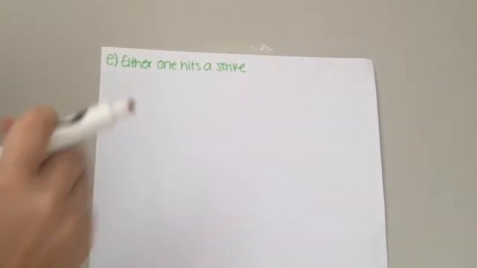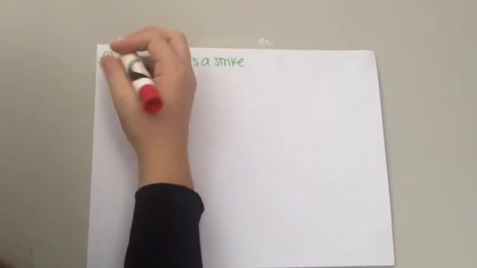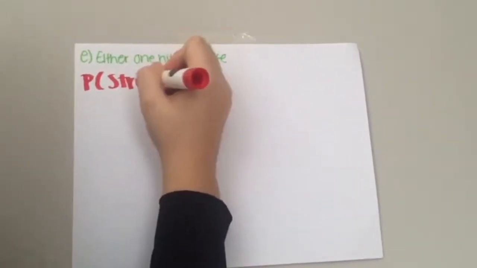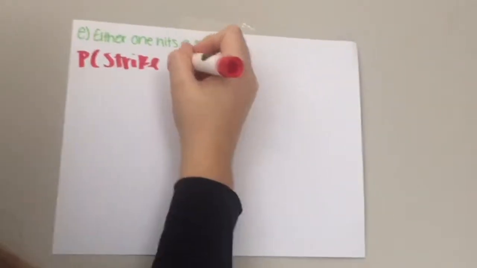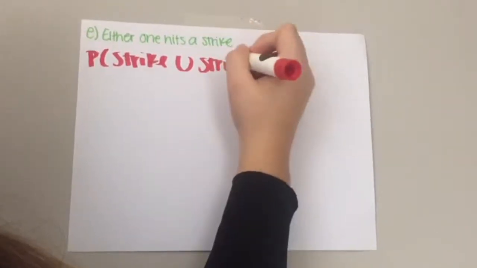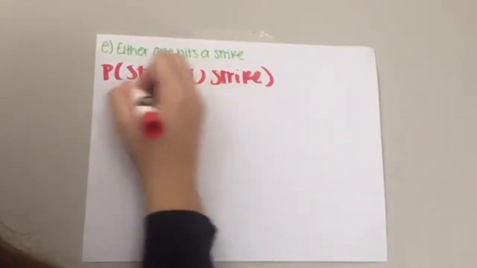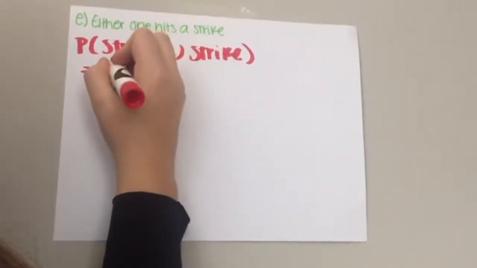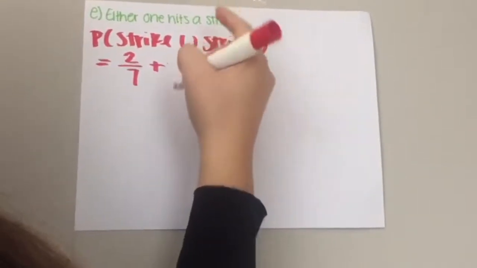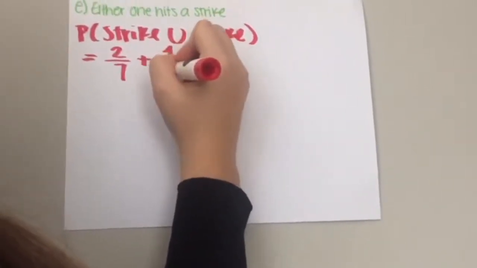Now letter E, it says either one hits a strike. So in here, it's probability that Mauricio hits a strike or Fernanda hits a strike. So this will be 2 out of 7 plus 1 out of 3.